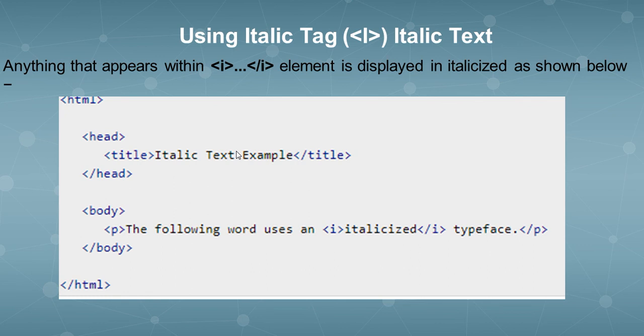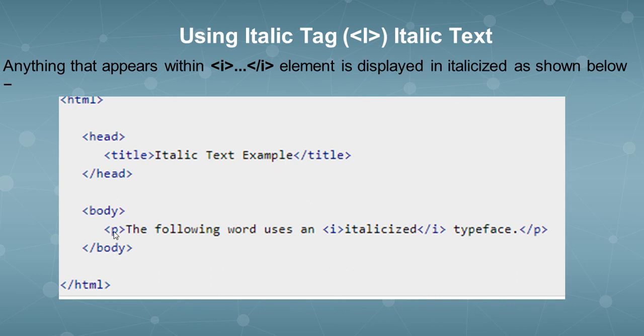Now using the italic tag, that is the I tag, angle bracket I angle bracket close. In the example, you can see HTML open, HTML close, head open, head close. Within the title we have placed italic text example, title close, body open.